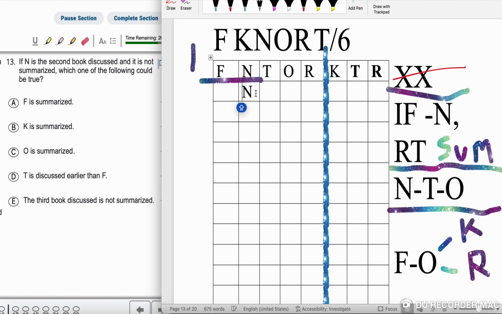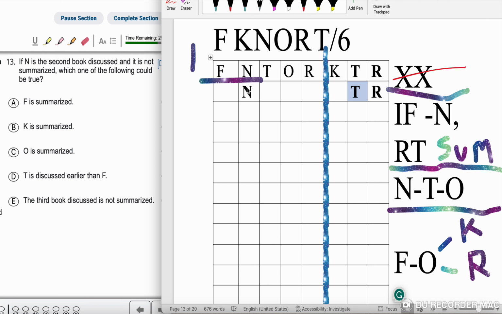I'm going to go ahead and bold it just to make sure it can't be moved around. And remember, it's not summarized. So according to the rules, if N is not summarized, we consider T and R, or R and T.